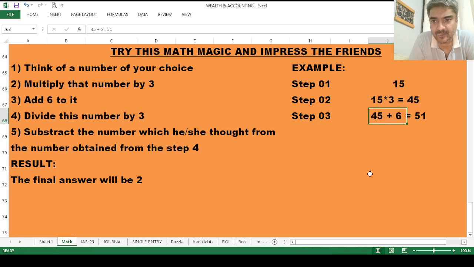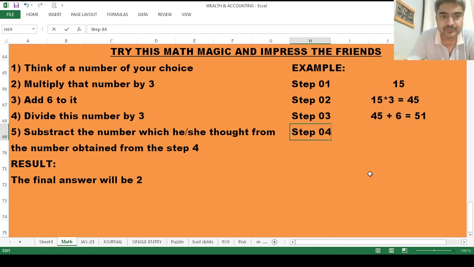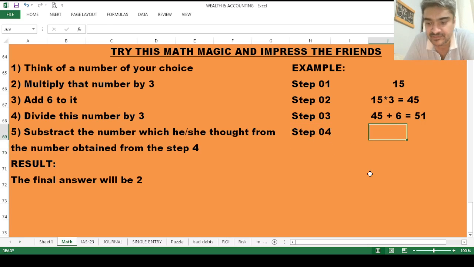Okay, in step 4, we need to divide this number by 3. The number which we have reached, which is 51 divided by 3, is equal to 17.